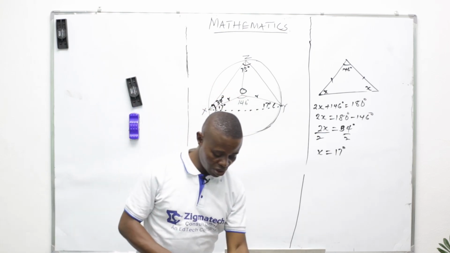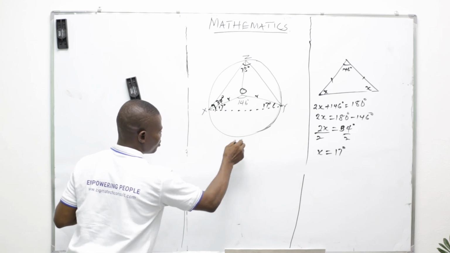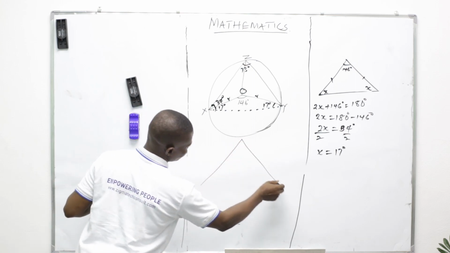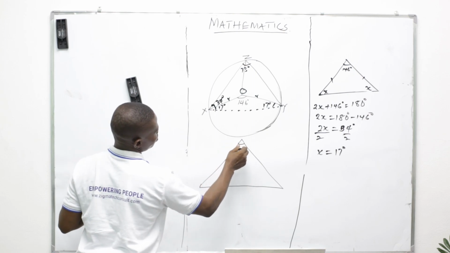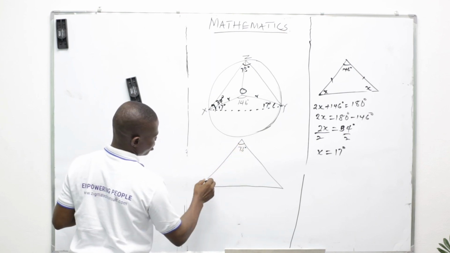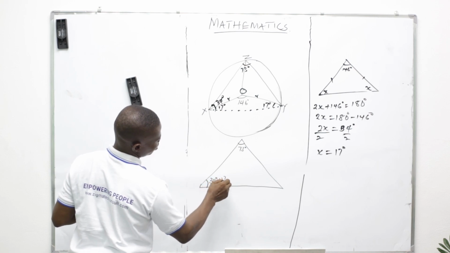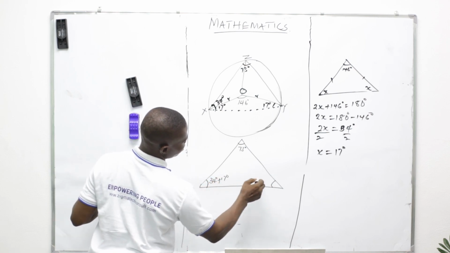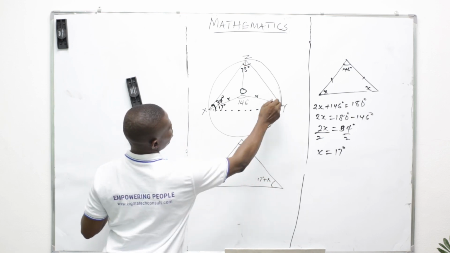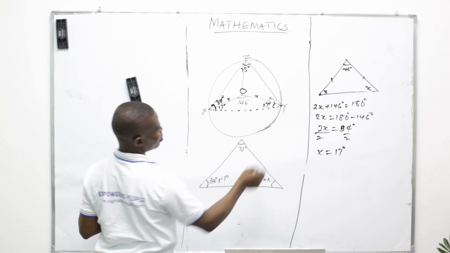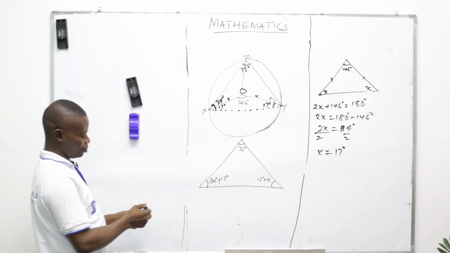This solution has solved itself. Now I want to bring them together. This is 73 degrees. And here is 34 degrees plus 17 degrees, while this one here is 17 degrees plus K. That's unknown. I call it K.